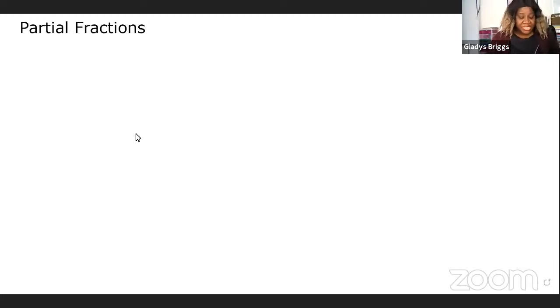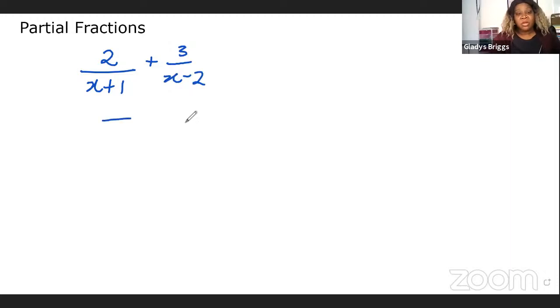So another way that we simplify algebraic fractions is by writing them as partial fractions. When you were doing foundation maths, I taught you that if I ask you to simplify 2 over x plus 1 plus 3 over x minus 2, then you can find a common denominator, which in this case is x plus 1 times x minus 2.